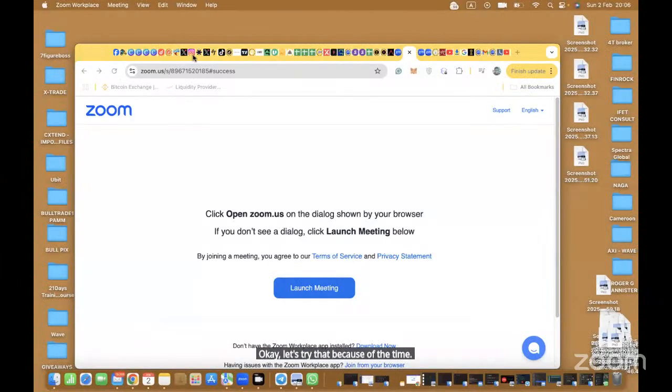Maclover, is it okay for me to share my screen and you explain from my screen? If I explain from my screen, it will be very good. So is it the network that's the issue from your side? Okay, you share your screen. I can explain from here. Okay, let's try that because of the time.